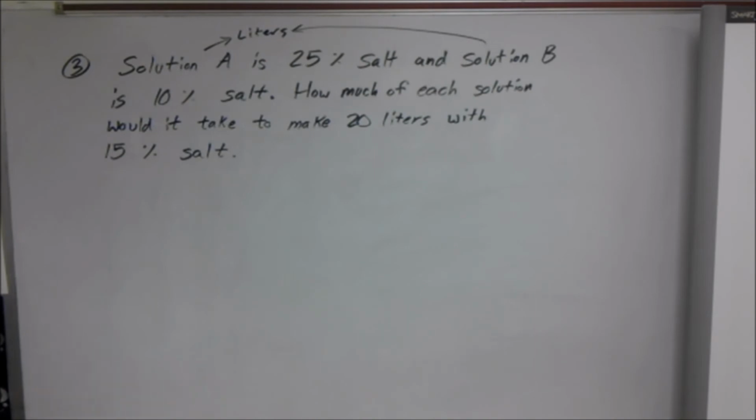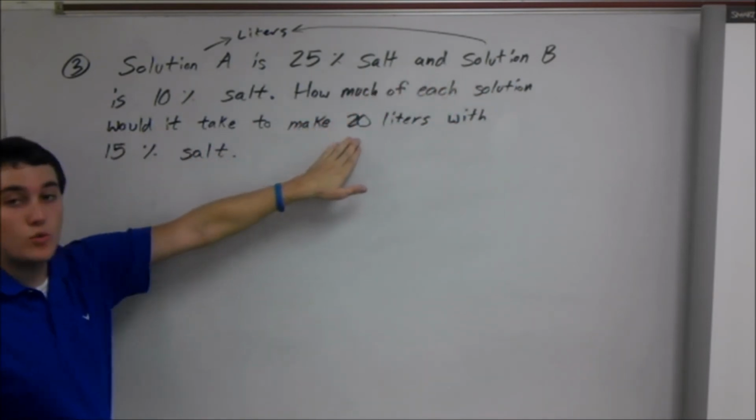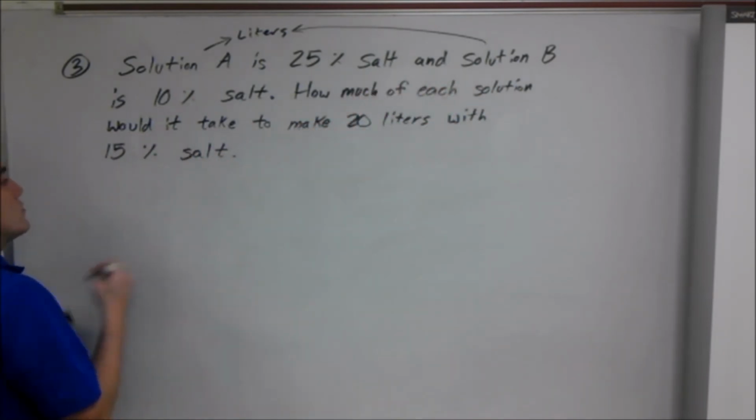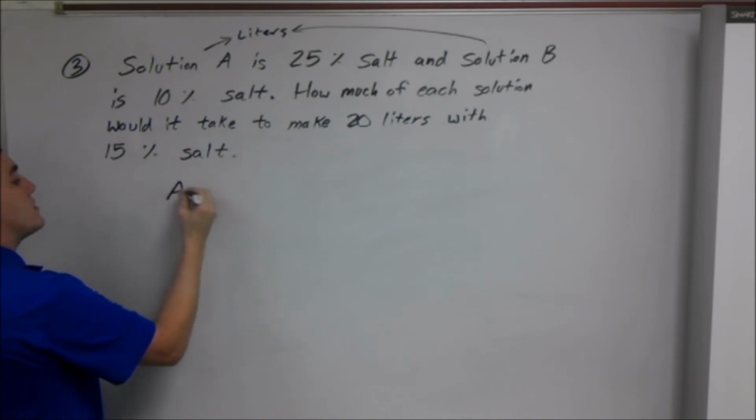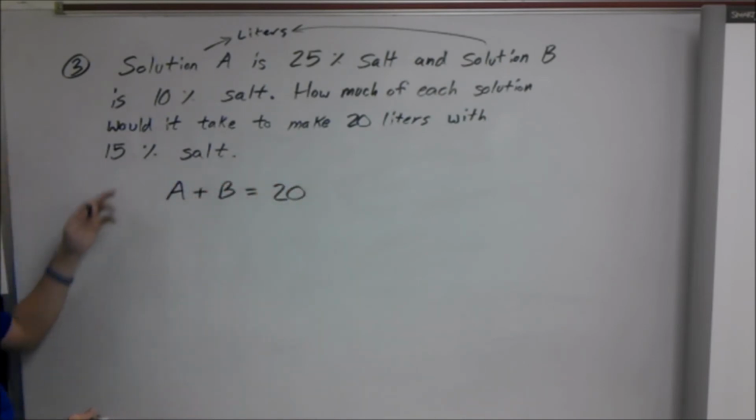And we know to make our first equation, solution A plus solution B is going to give us, in the end, 20 liters. So we know our first equation is A plus B equals 20. And this is all in liters.